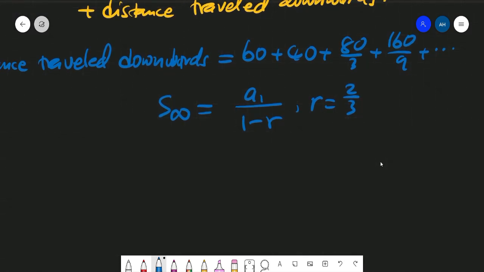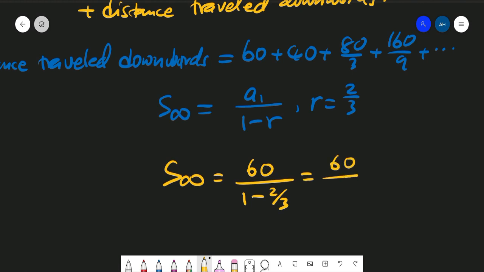Now let's substitute to find the value for S infinity. S infinity is equal to 60 over 1 minus 2/3, equal to 60 divided by 1/3. This is equal to 60 times 3, that is 180 meters. This is the total distance traveled downwards.